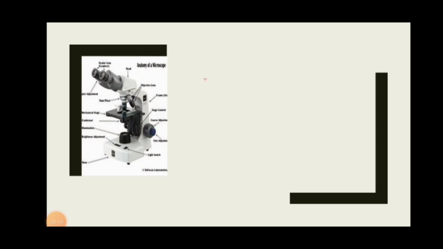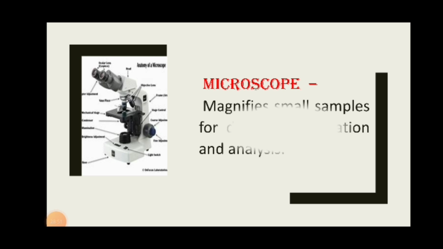And of course, this is very commonly used in biology, the microscope. These are the sections and parts of the microscope. Micro means very minute, small, that magnifies small samples for detailed observation and analysis. If you want to see the sperm roaming around in the liquid, you could use the microscope, and other small organisms.